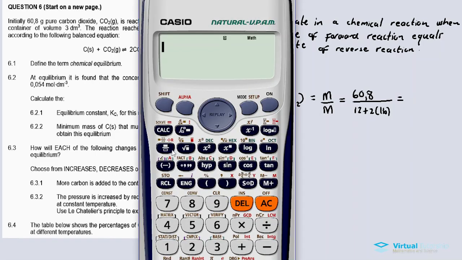Okay, so it's going to be 60.8 divided by 12 plus 2 times 16, which is equal to 1.38.